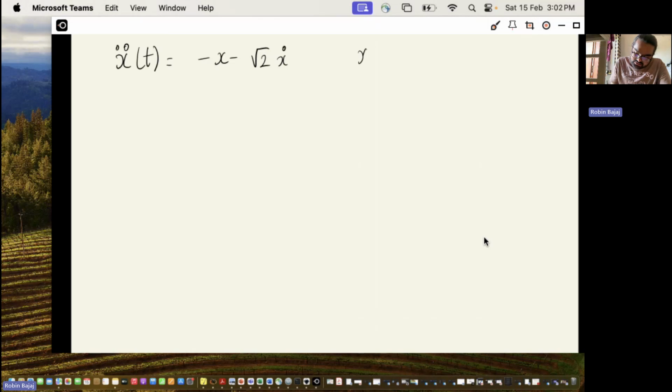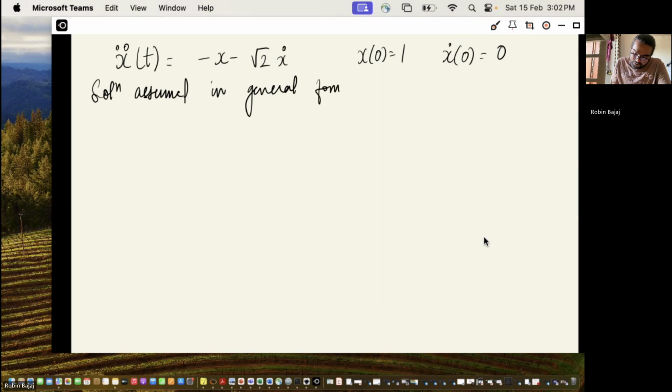Okay, these are the initial conditions. Now how do you solve this problem in general? In general, you would assume a solution as... Okay.